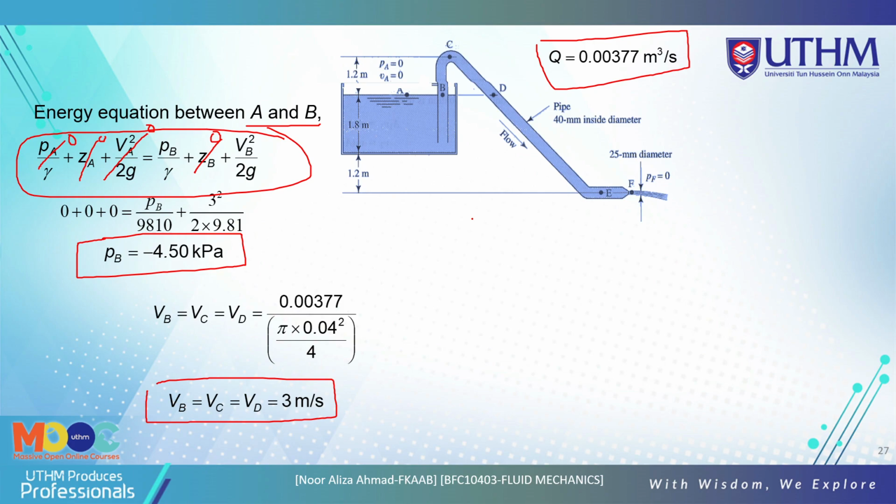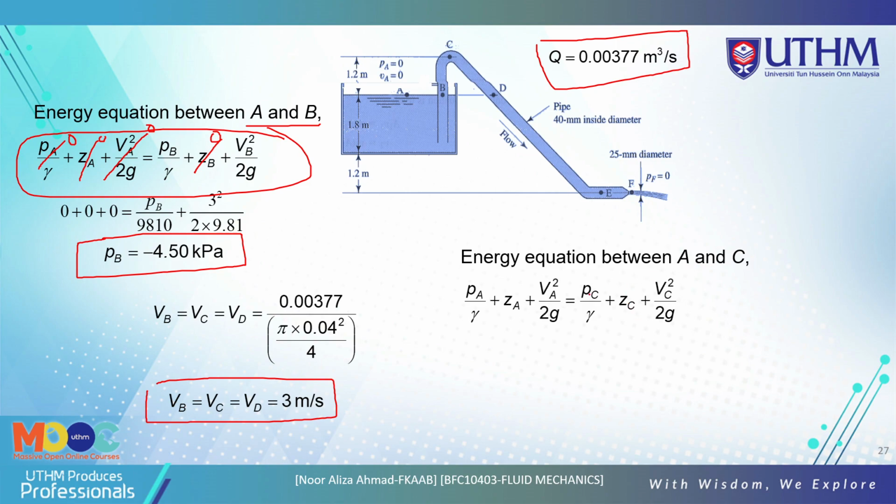Now we look at the energy equation between A and C, step by step. Using the Bernoulli equation from A to C, the pressure at A is 0.